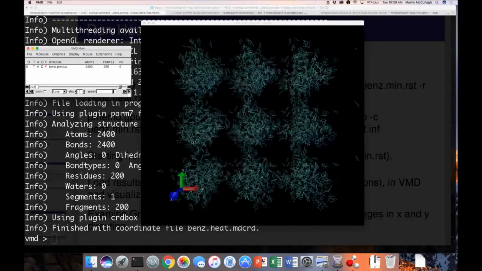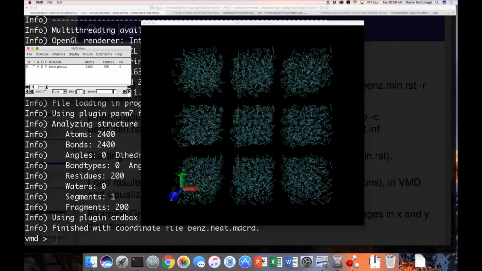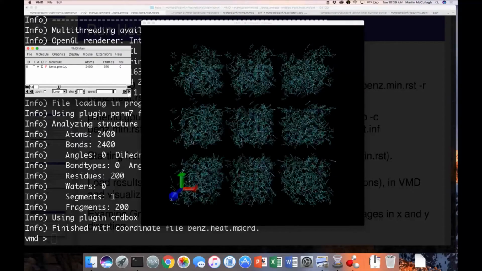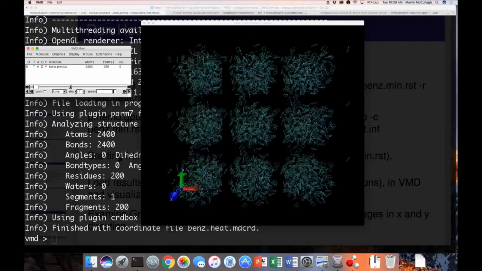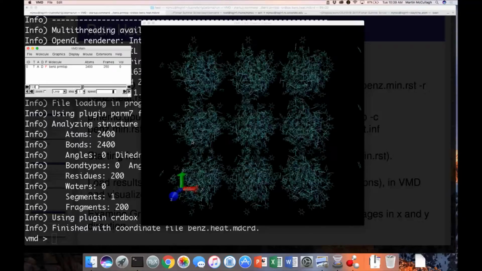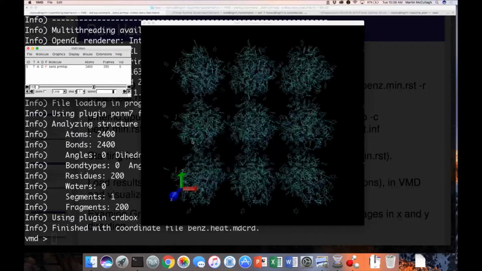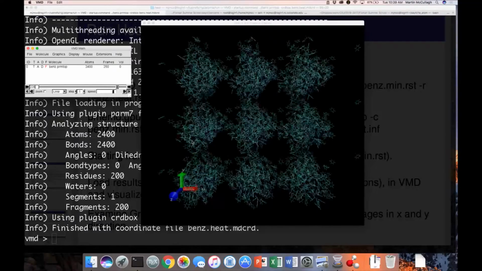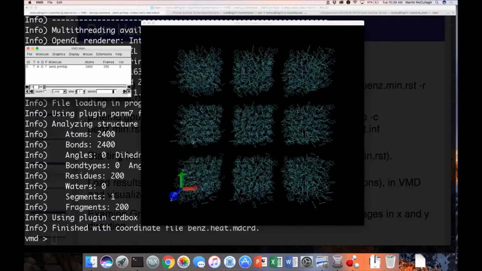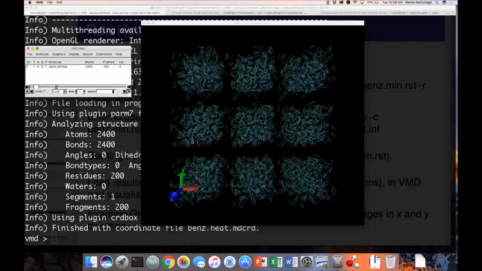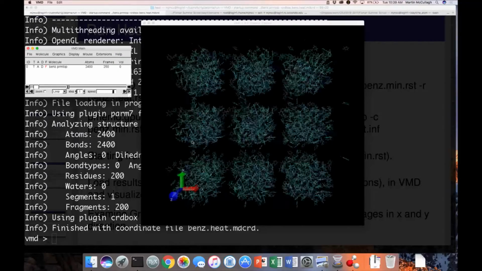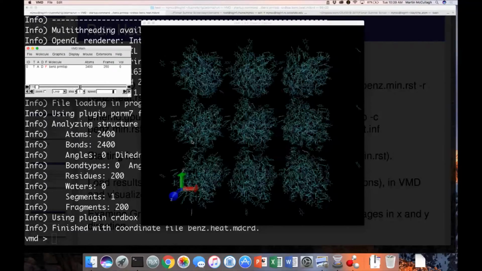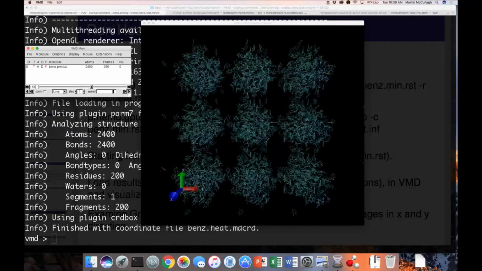Yes? As we're watching this, the molecules that appear to be jumping from one box to the other, are they actually jumping, say, from the top of the one box that's being simulated to the bottom of that box? Yeah, so it depends. You see this benzene as it goes up through there, it's coming into the bottom.